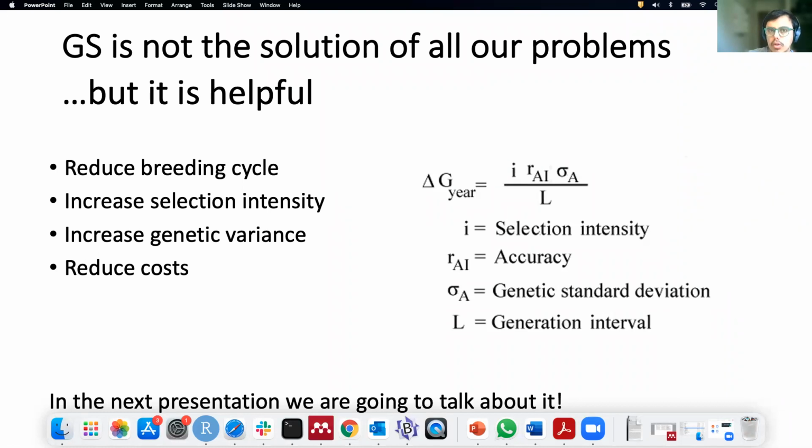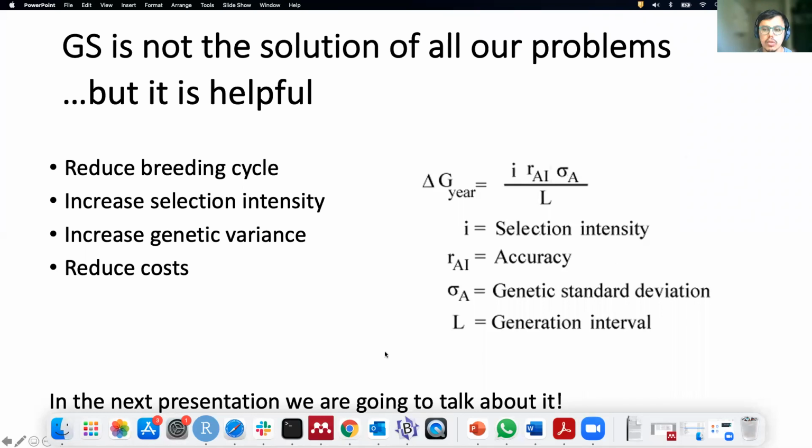Usually we cannot do those selections because we don't have enough seed, or the genotypes still have a lot of heterozygous regions in the genome. So we can increase the accuracy of selection in those early generations, because the accuracy was 0 before, and now we are using models to start doing selections in those early generations.